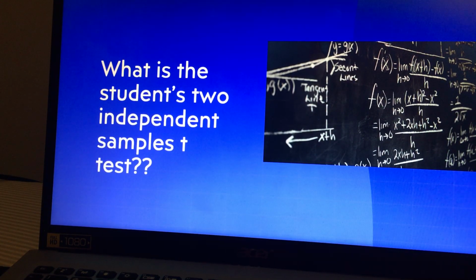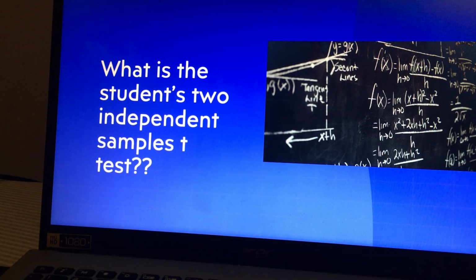A much more common situation arises when you have two different groups of observations. So, for example, in psychological research, this tends to correspond to when you have two different groups of participants. So this might be where each group corresponds to a different treatment condition within the study.